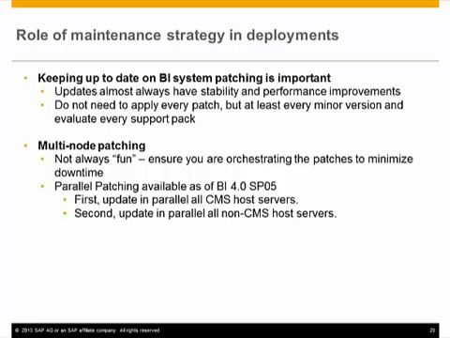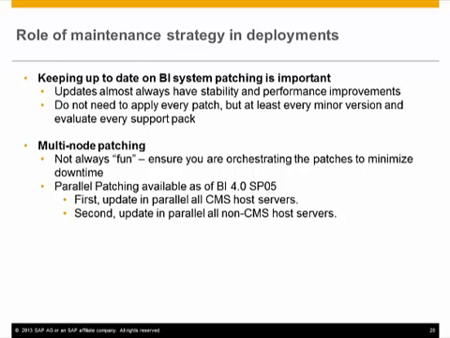Patching in the past used to be a bit of an issue because you had to patch one node at a time. With BI 4.0 SP5 and higher, we introduced a concept called parallel patching, and what that allows you to do is patch in parallel essentially. So you can patch your CMS servers first. If you have 2 CMSs, you would install the patch in parallel on those CMS servers.